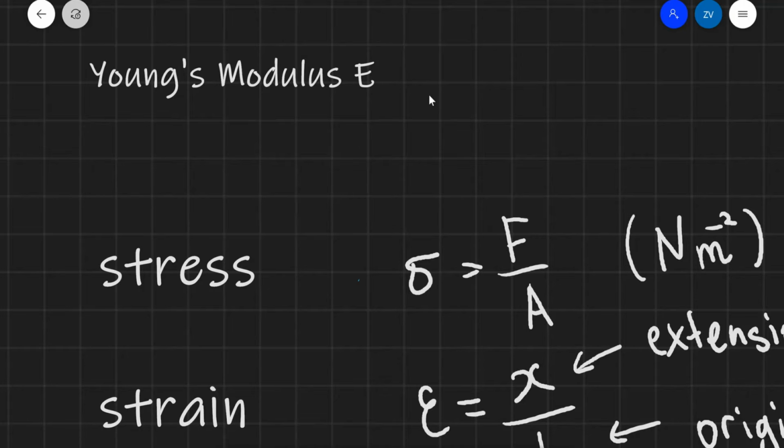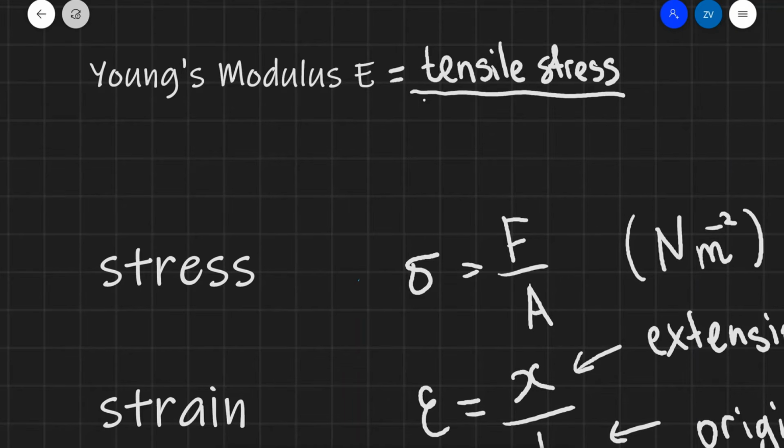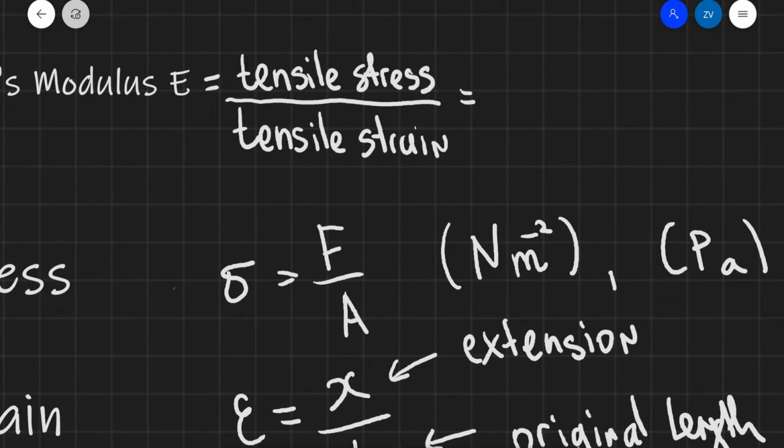This could be important, so let's just write this down. This will be equal to tensile stress divided by tensile strain. Mathematically, this is essentially stress divided by strain.